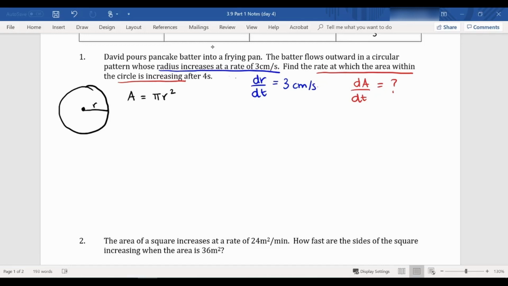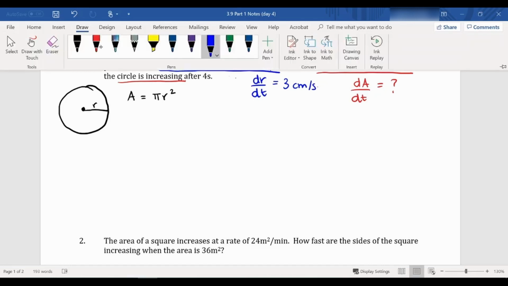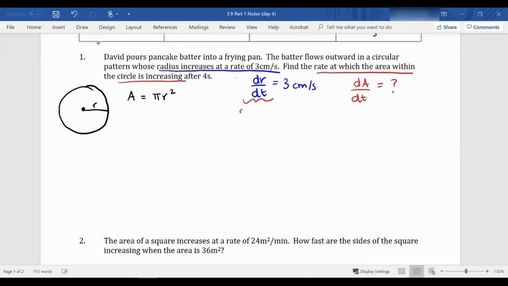Okay. So let's maybe write this down. This is the change in radius with respect to time. And this here would be the change in area with respect to time.